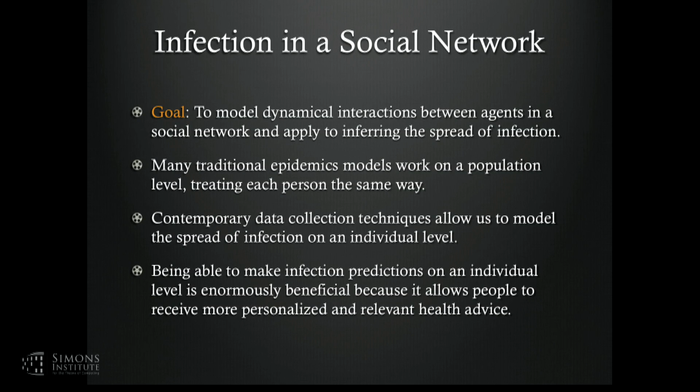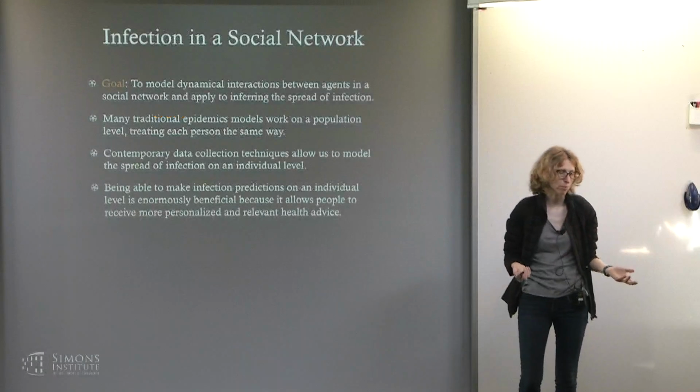I was loosely involved in a couple of studies. The first at MIT, the second at the University of Washington, basically where students in a student dorm were given mobile phones and how sick they were and who they were interacting with was tracked. This is a dynamic network kind of model, where we looked at, can we predict somebody's likelihood of getting sick or contracting influenza based on who they were interacting with and their symptoms, right?